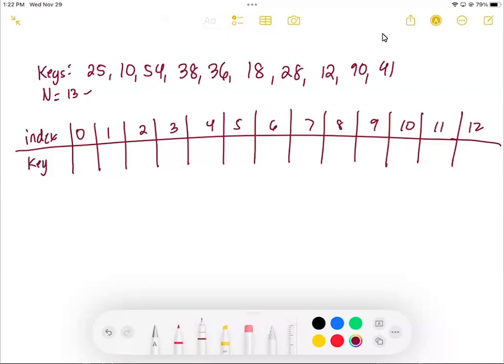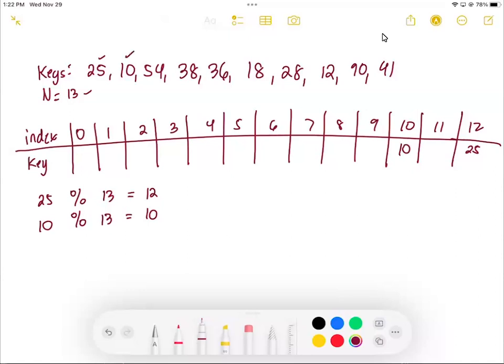So let's start with 25. 25 modulo 13 is equal to 12. So we are going to put 25 in bucket 12. And then next is 10. 10 modulo 13 is just 10 also. So we put 10 in the 10th bucket.